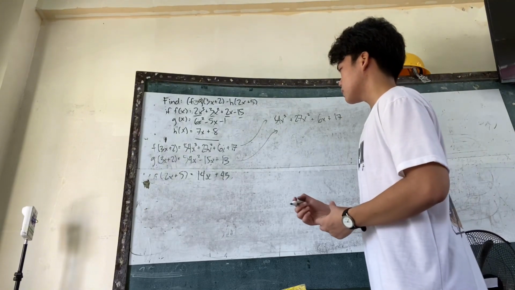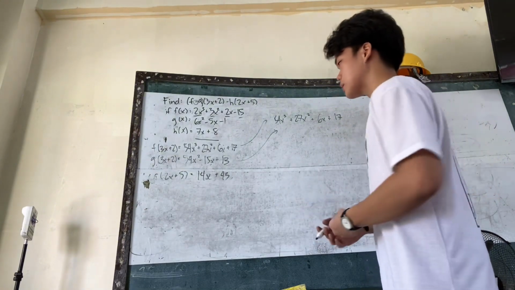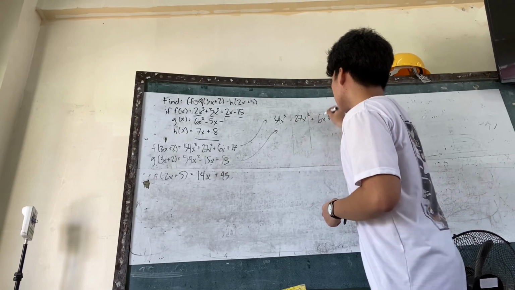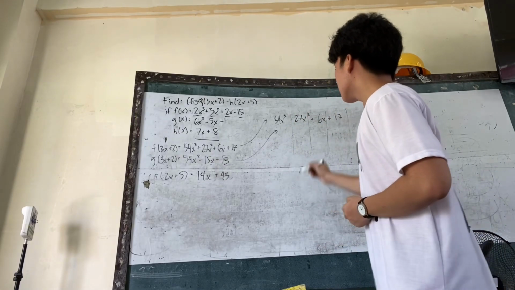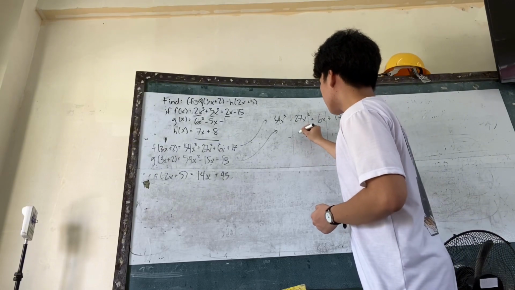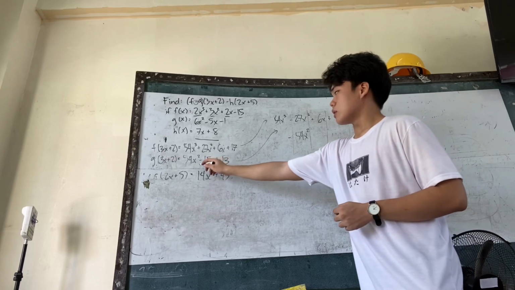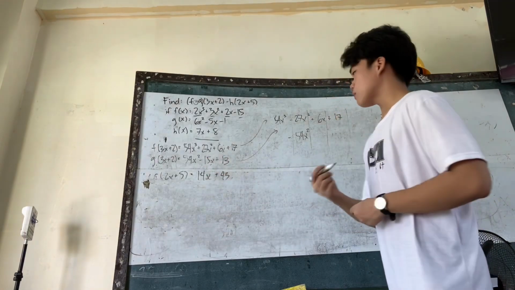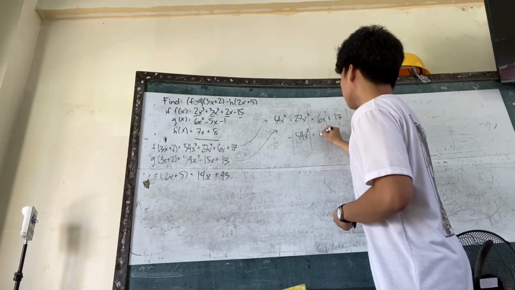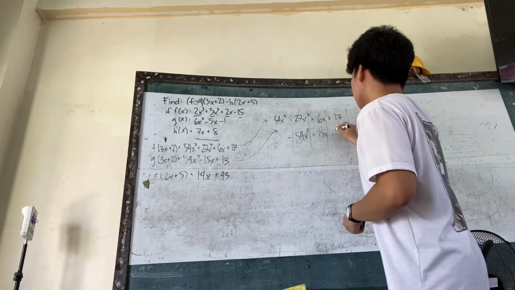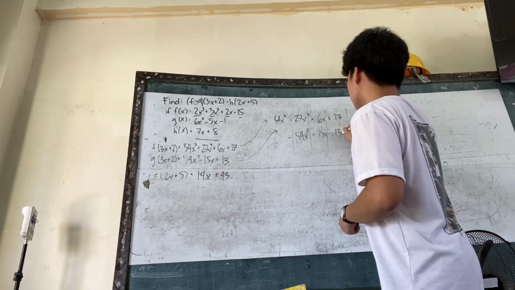So the positives will be negatives and the negatives will be positives. Let us align this so that we know where it would be. Minus 54x², so the negative sign will be positive, that will be plus 15x, and this positive sign, of course, would be negative, so minus 13.